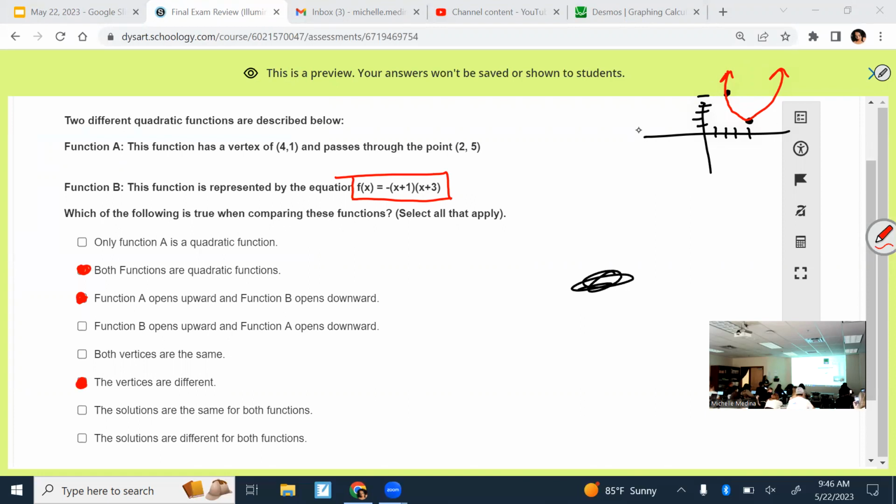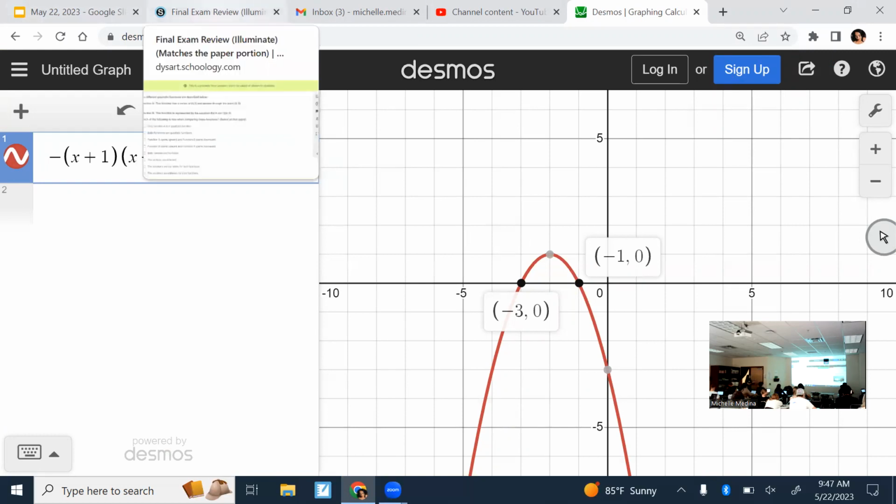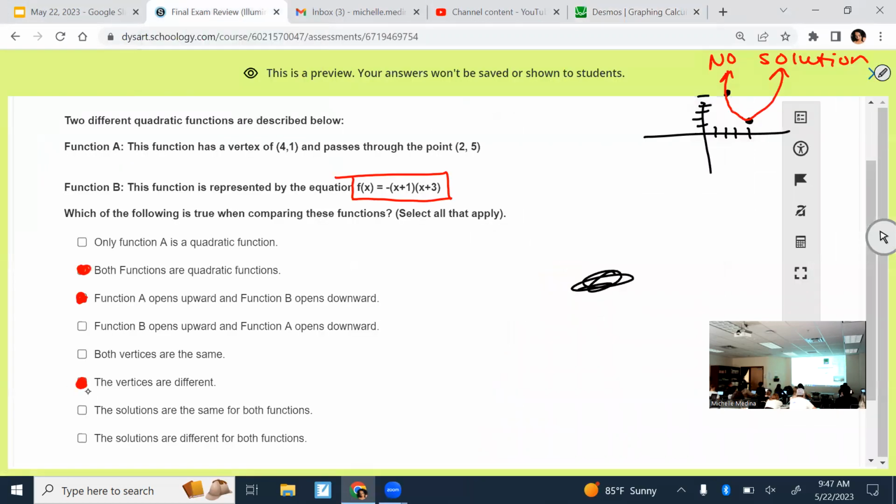Its vertex is (4, 1), which is above the x-axis. So function A has no solution. Function B has solutions because it does have x-intercepts. So it's not the same as function A. Don't pick the one that says they have the same solution. Pick the one that says they have different solutions. So you should have picked those 4.